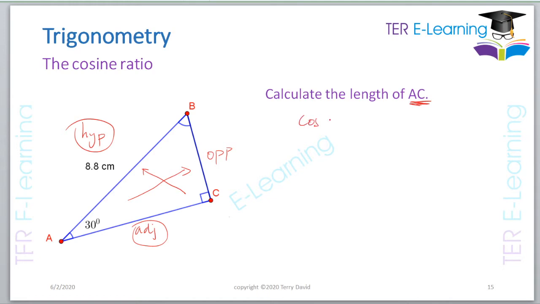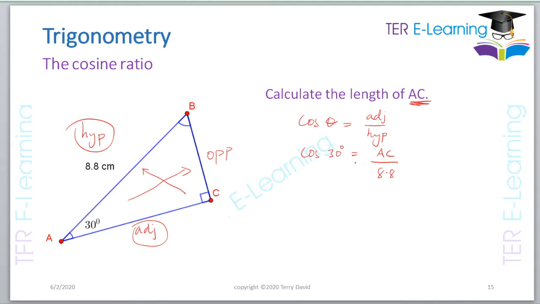So cos theta is equal to adjacent over hypotenuse, right? So cos 30 degrees is equal to adjacent. Adjacent is what you don't know. So that is going to be AC divided by my hypotenuse, which in this case is 8.8.